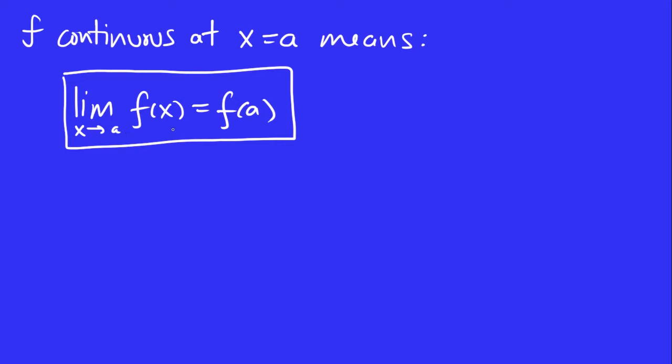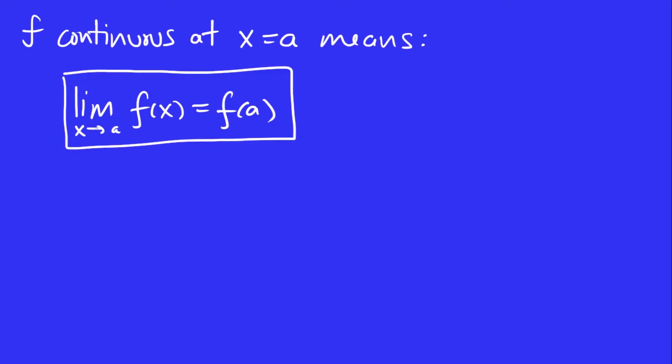Like we talked about, for this to make any sense, both sides have to be finite numbers, right? In order for the left-hand side to be a finite number, the limit has to exist, and it has to exist as a finite value. Whereas on the right-hand side, to be a number, we need that a is in the domain of f, right? So f of a has to be defined.